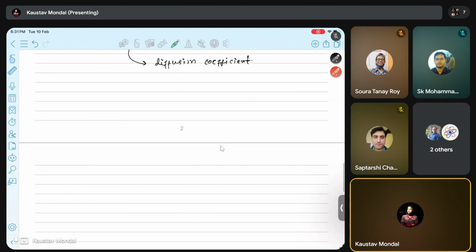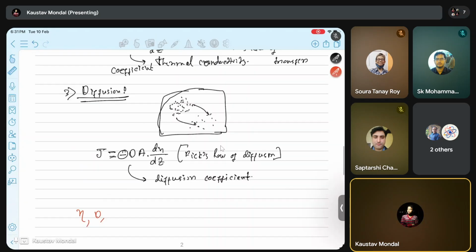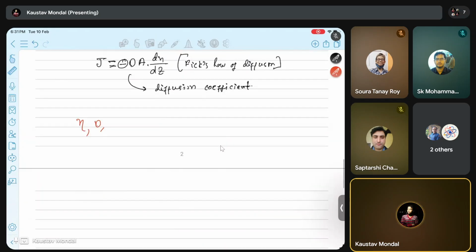Next, we will get the expressions for these different coefficients, that is eta, D, and k. The expressions of these three coefficients are very important.